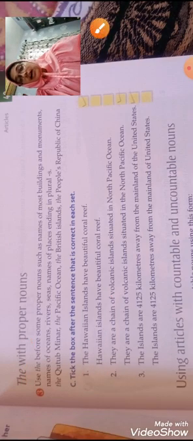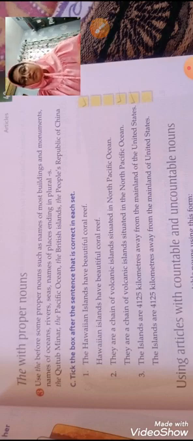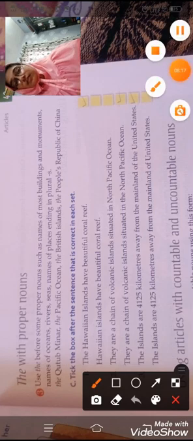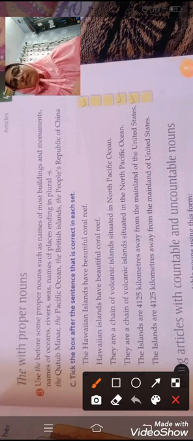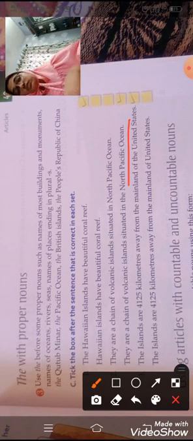Second is they are a chain of volcanic islands situated in North Pacific Ocean. They are a chain of volcanic islands situated in the north. So here we use the Pacific Ocean. Okay, we use the Pacific Ocean, so this is the correct answer.